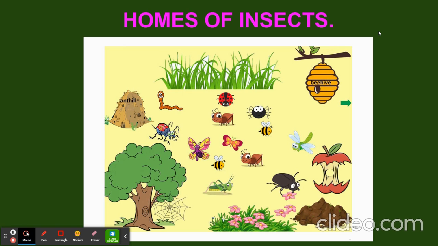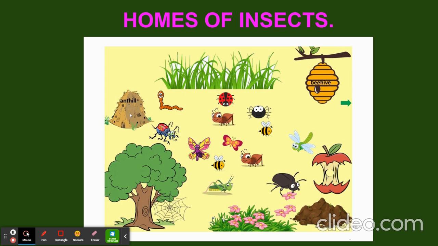We see cockroaches in the night, near the basin or near the sinks in the kitchen. So, drains and gutters are homes for cockroaches. Water beetles live in the water.